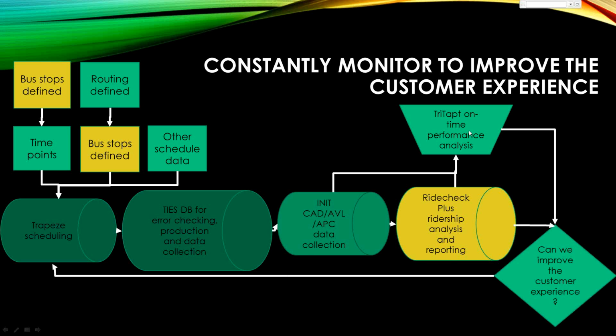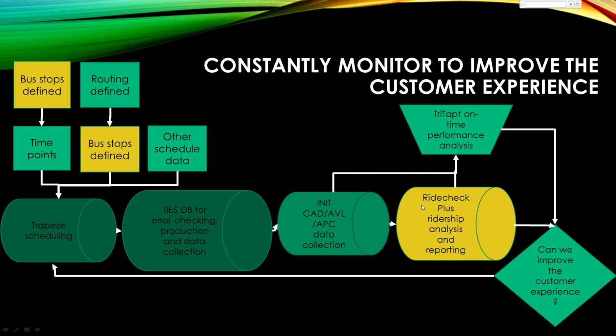And then we have a couple other things we do with the analysis. We have a TriTAP system, which is actually from the University of Delft, that we're really using for our transit signal priority processes. And the one thing that it tells us that the RideCheck Plus data doesn't is that we go back and query the data from our INIT system, and we're able to estimate the time at traffic stops in between bus stops and do totals on that.